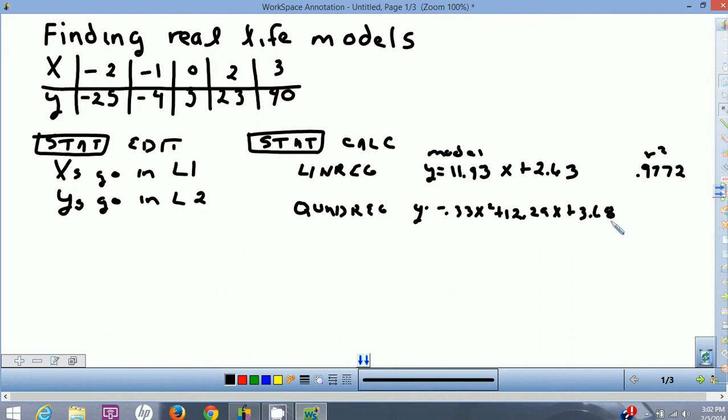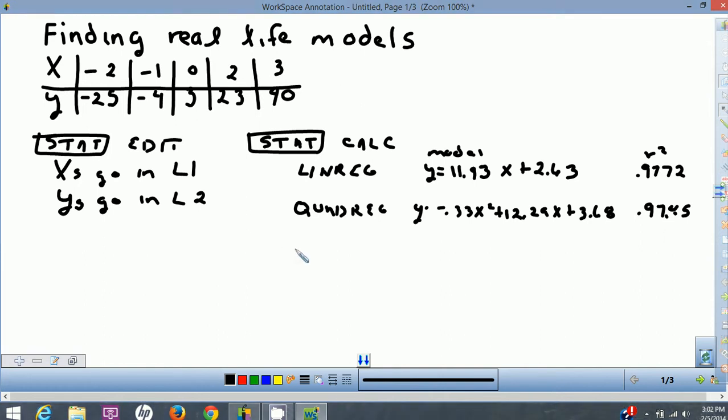There's my quadratic model. Well, that might be better. Is it better? Is it not better? Well, my r squared value here is 0.9785. That's going to tell me which one is the best model. We'll come back when we get done with the rest of our models here.